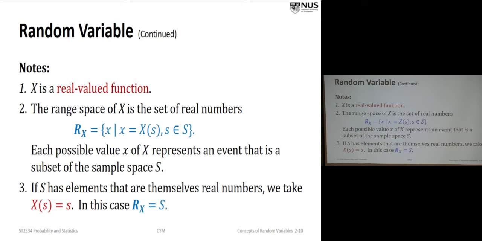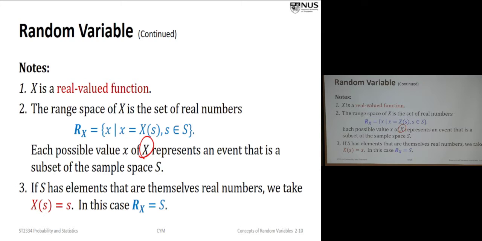So each possible value of the random variable, capital X, represents an event, because it represents a sample point, which means an event. If the elements of S themselves are real numbers, then we just map each to itself.